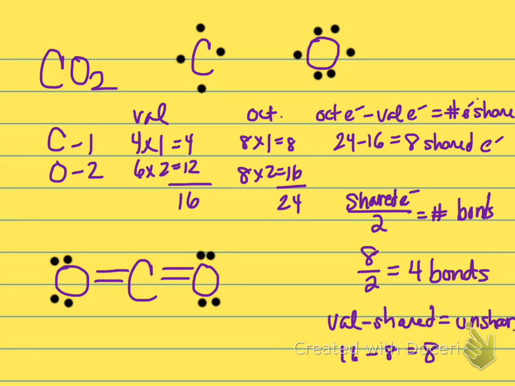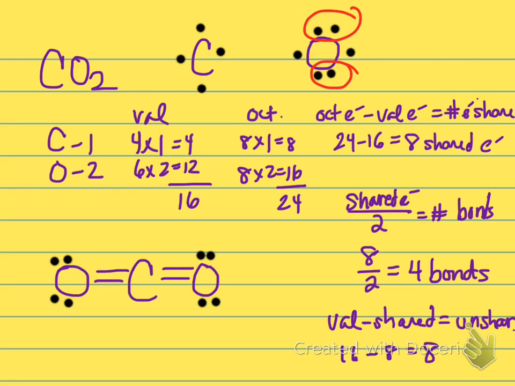Okay. Well, look at that. What do I have? I have 4 bonds. Well, remember, carbon is in the middle because carbon, or the least electronegative element, is always in the middle. And we have carbon double bonded on each side to oxygen, meaning they're sharing 2 pairs of electrons. And oxygen has still got these unshared pairs that it came in with.